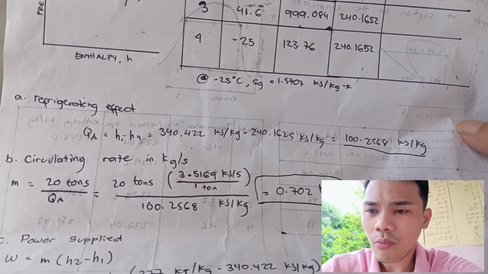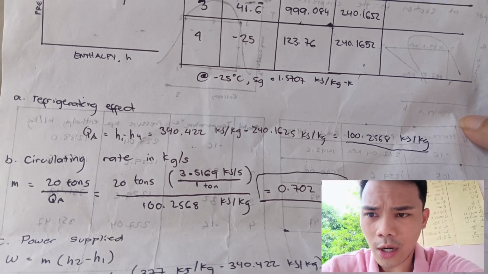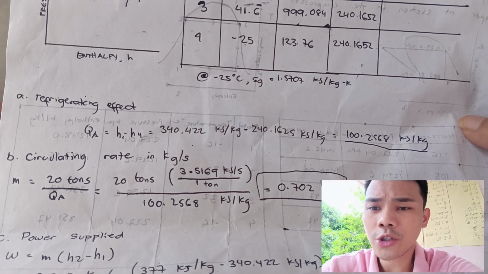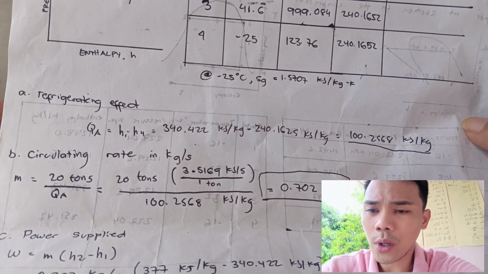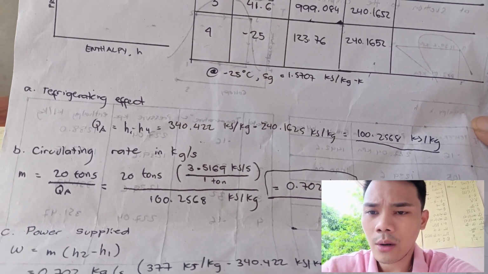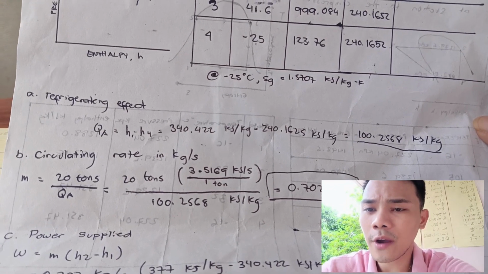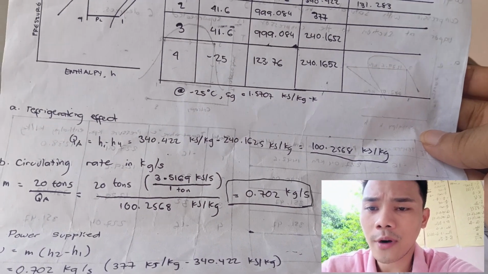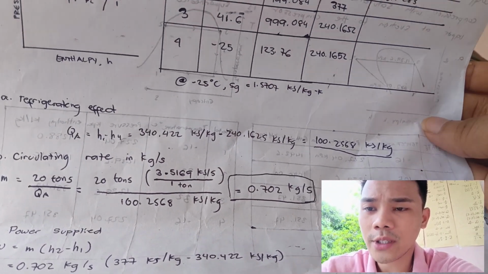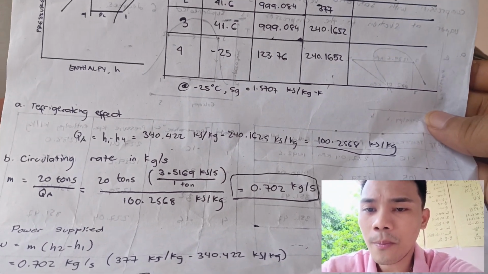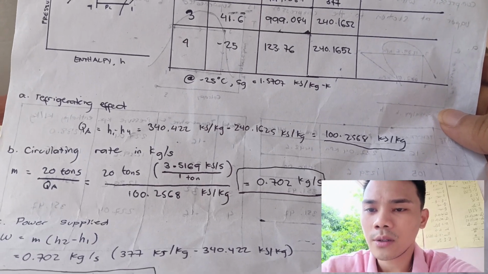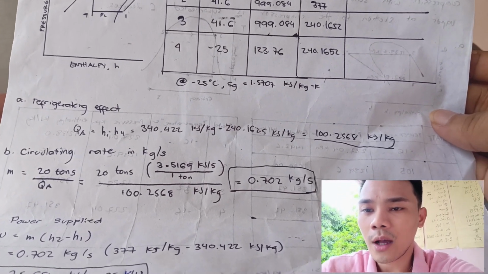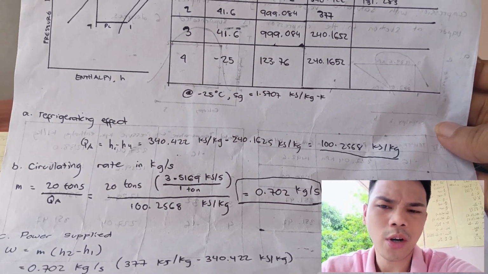So we substitute: 20 tons times 3.5169 kilojoules per second over 1 ton, over 100.2568 kilojoules per kilogram. Our mass flow rate is 0.702 kilograms per second. The kilojoules cancel, and the tons cancel, so what remains is kilograms per second.